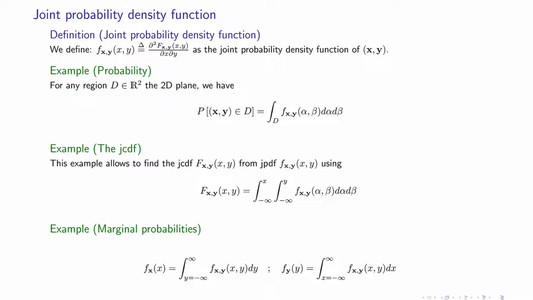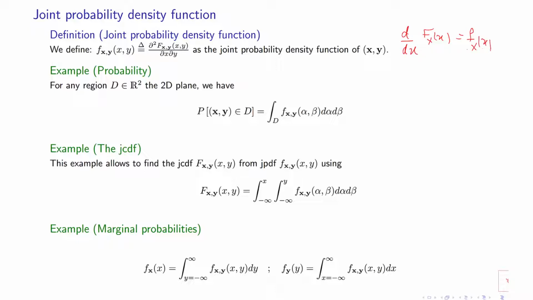If you have two random variables, if you have the joint distribution function here, we calculate the derivative with respect to both x and y. When we had just one single random variable, F(x) of x, you calculate the derivative of this with respect to x, and then you get the probability density function of x.